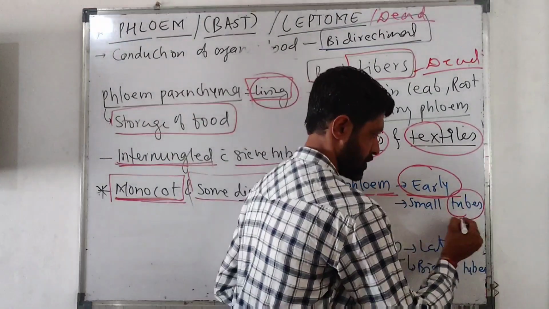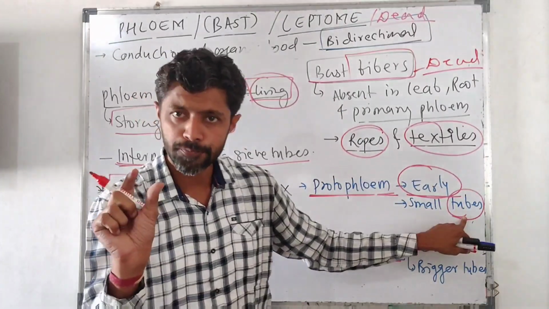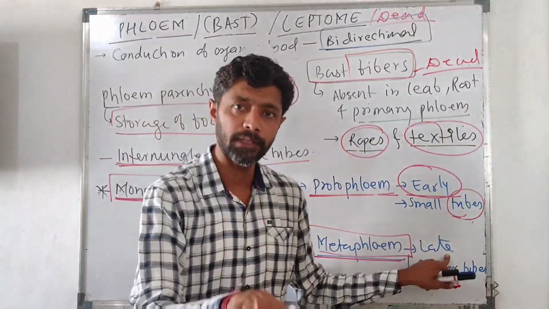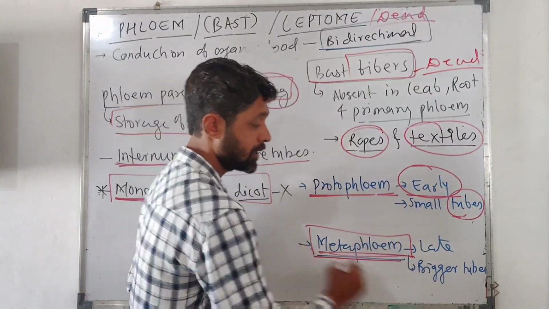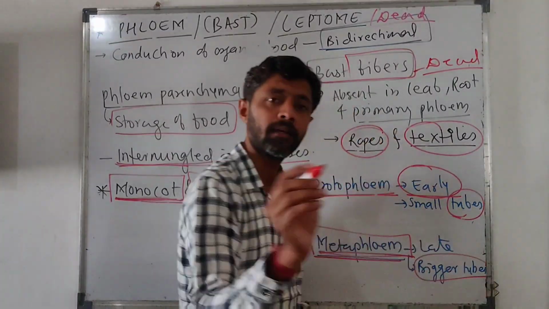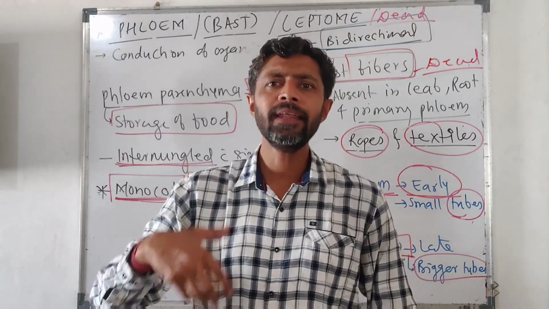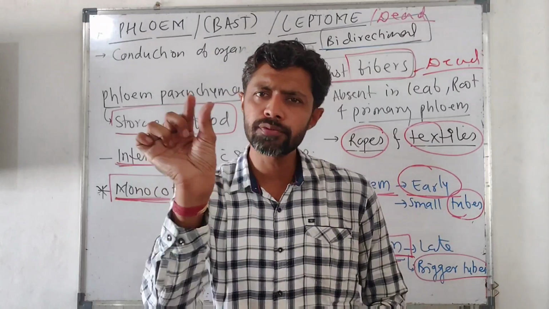Protophloem has small size tubes. The phloem which is formed late in the plant body is called metaphloem, and metaphloem has bigger tubes. As the plant is small, there is very little need of food, so these tubes are smaller.